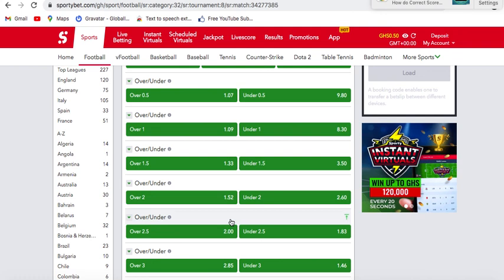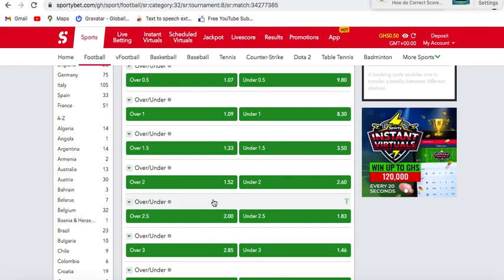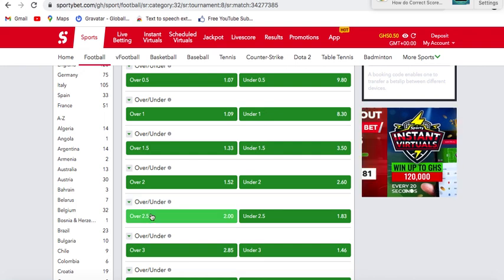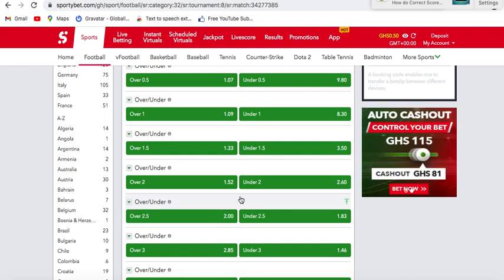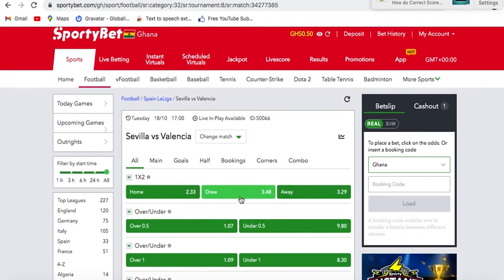That is the maximum odds that we are looking for. So the exact goals to happen in this match is 3 goals. That is over 2.5. And it could happen. The percentage for it to happen is very high.